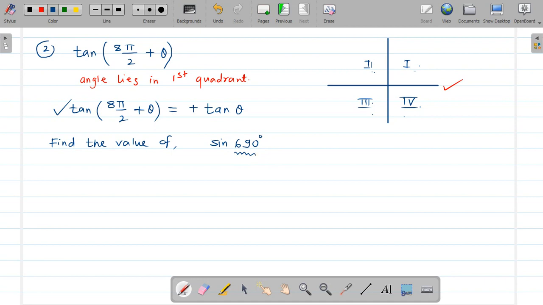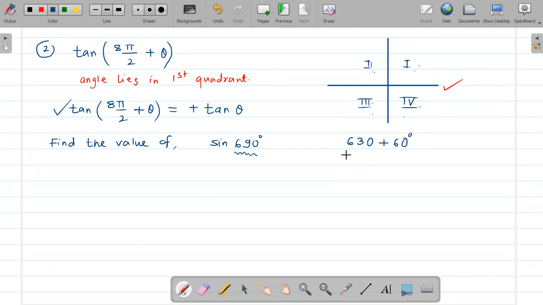See here carefully. First of all, we have to find the nearest multiple of 90 degree to 690 degree. What will be the nearest multiple of 90 degree which is very near to 690 degree? We know that it is 630 degree, plus the remaining angle is 60 degree.